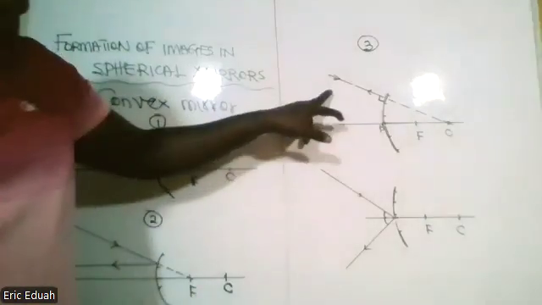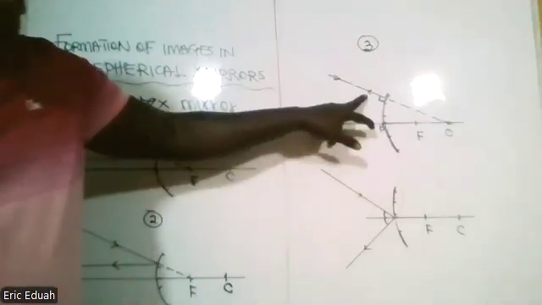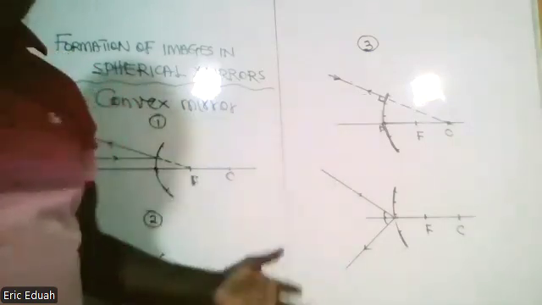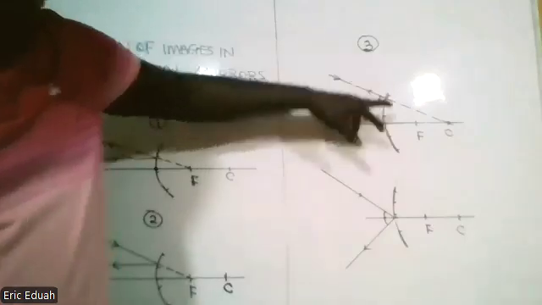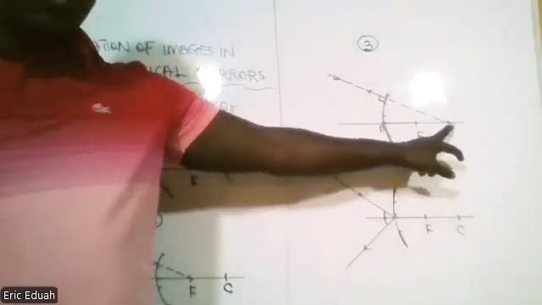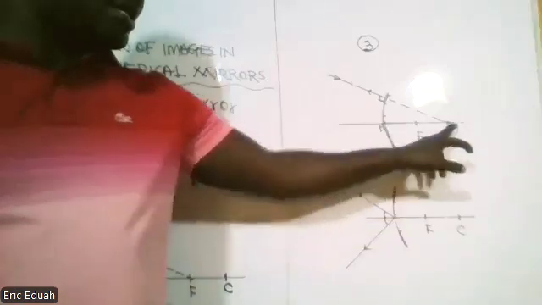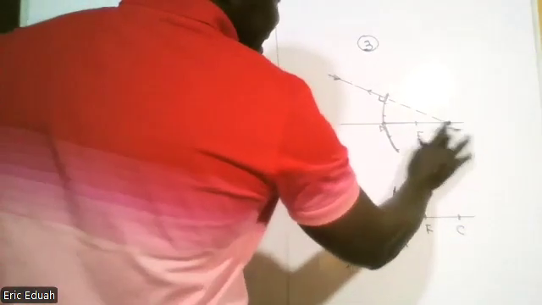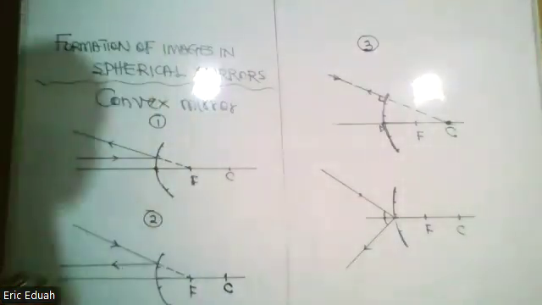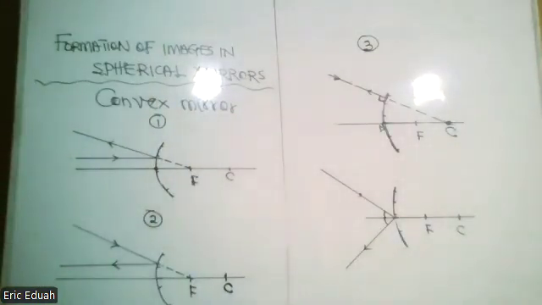So this arrow shows the incident ray. This other arrow shows reflection along the same path. It would appear to pass through a point on the principal axis. And this point is the center of curvature C.